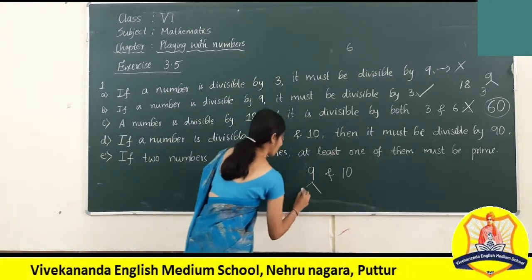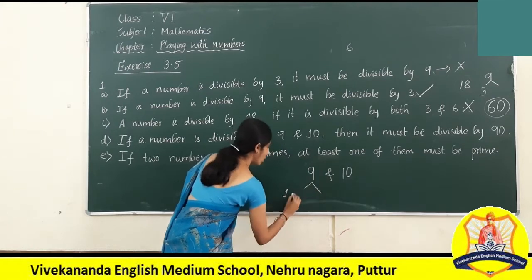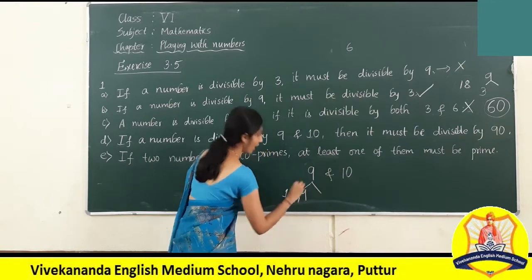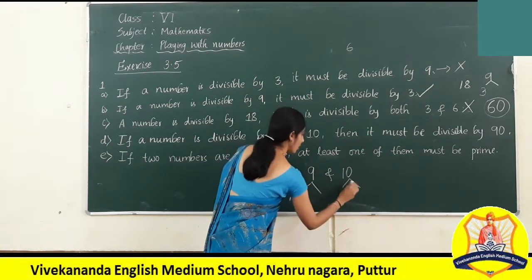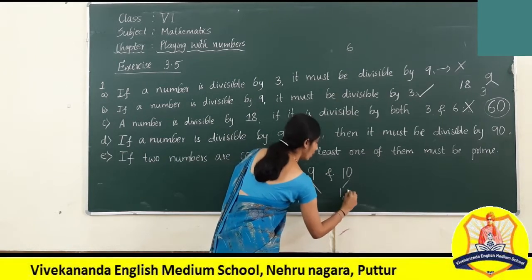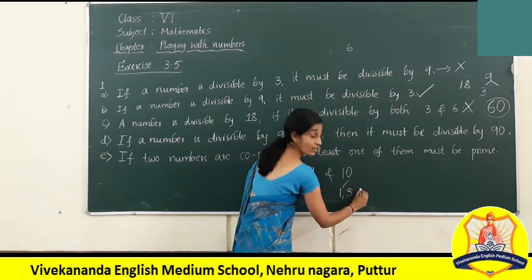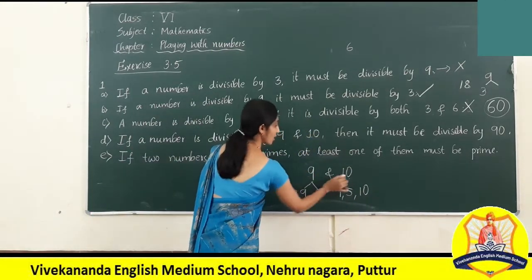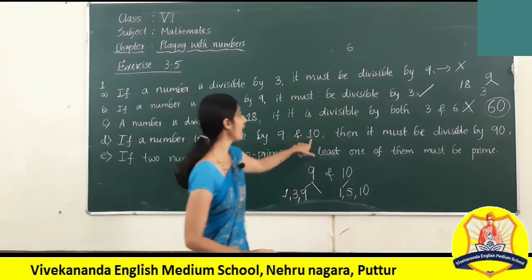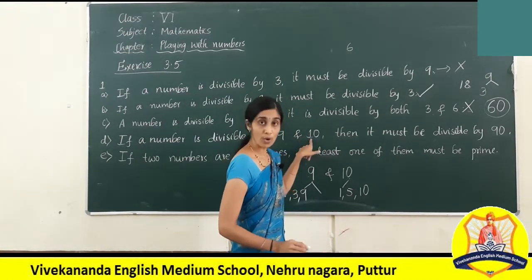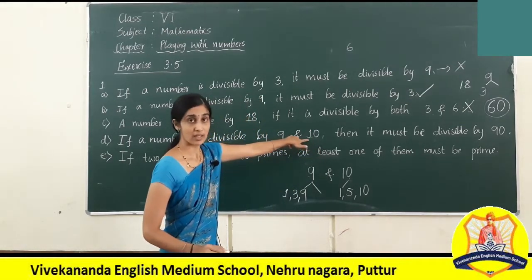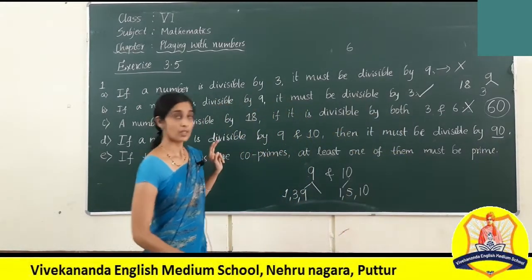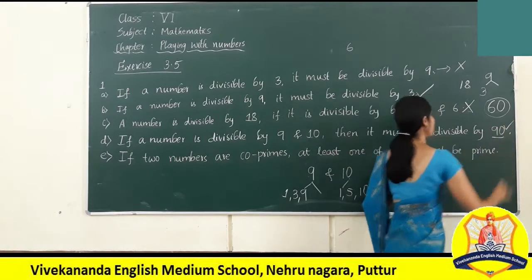Factors of 9: 1, 3, 9. Factors of 10: 1, 2, 5 and 10 itself. Are these co-primes? Yes, 9 and 10 are co-primes. So their product is 90. So according to divisibility rules, it is correct.